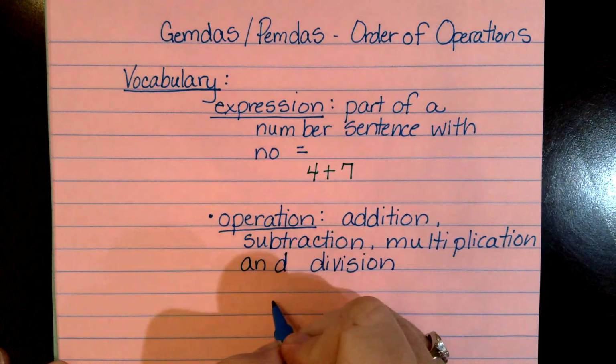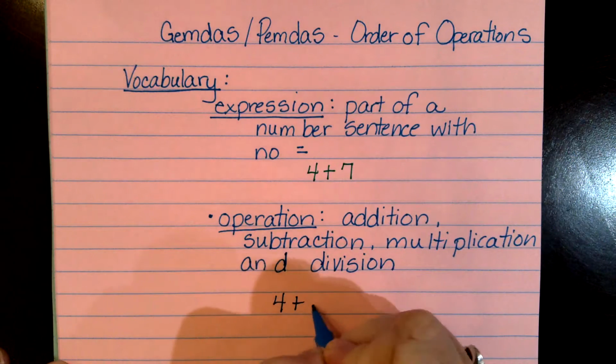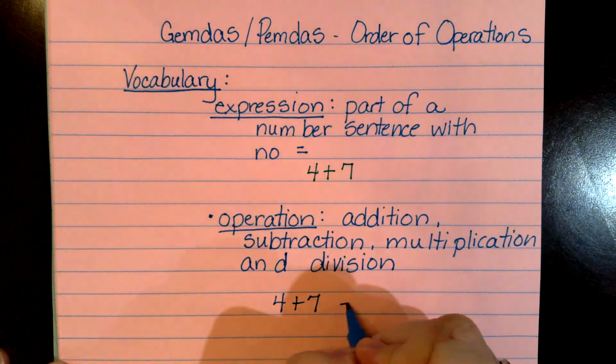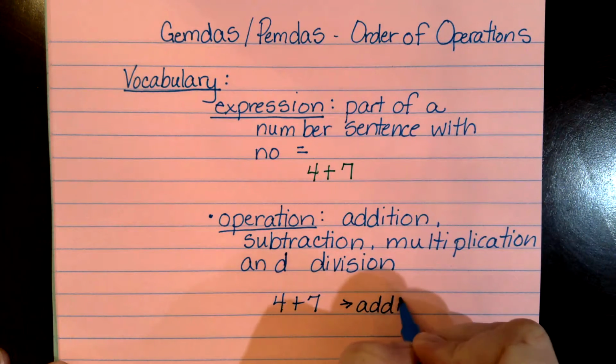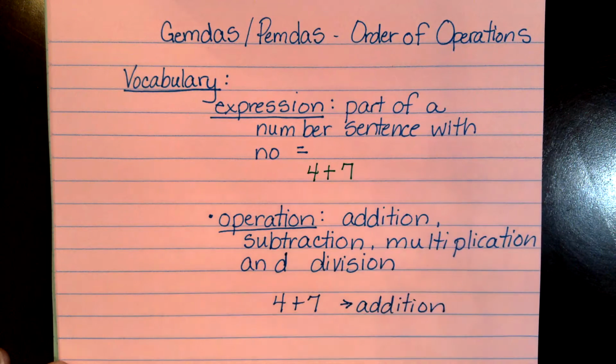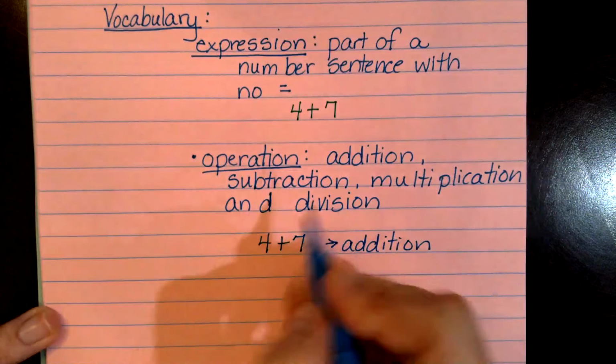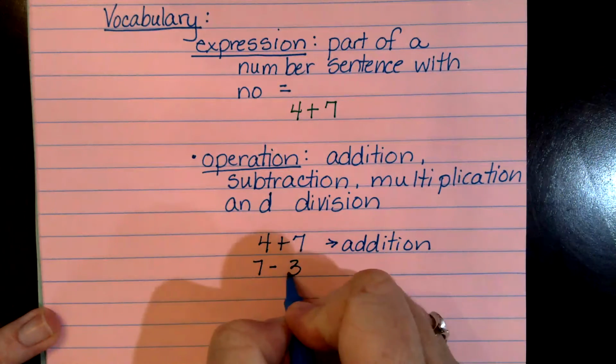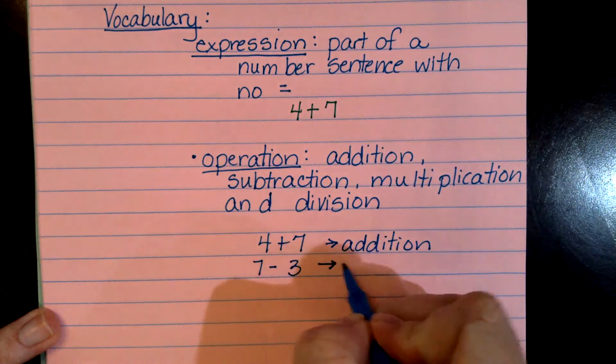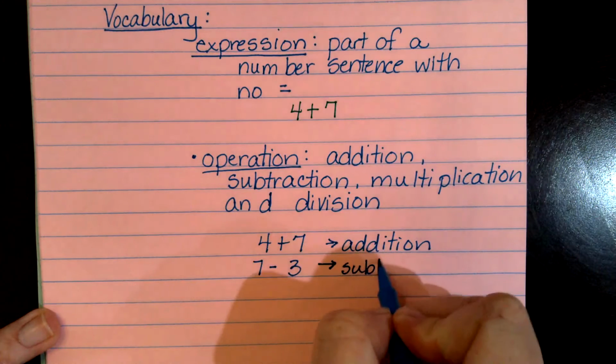So, in this expression 4 plus 7, addition is the operation. In this expression, 7 minus 3, subtraction is the operation.